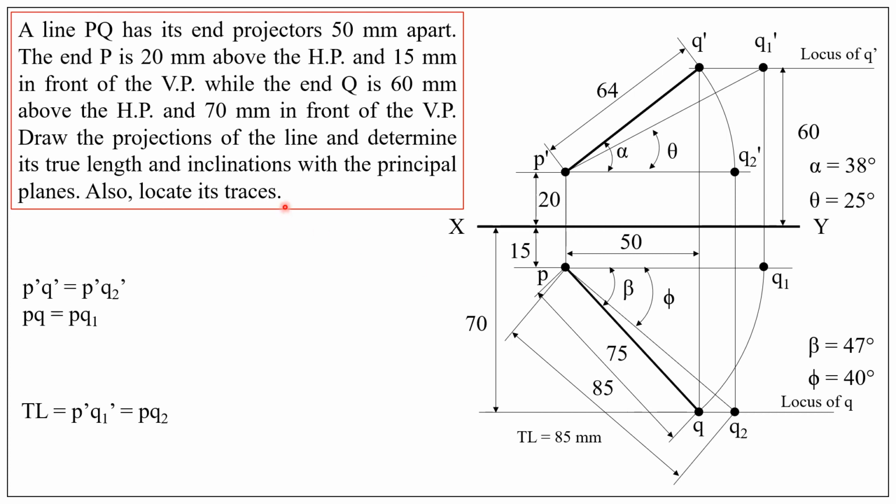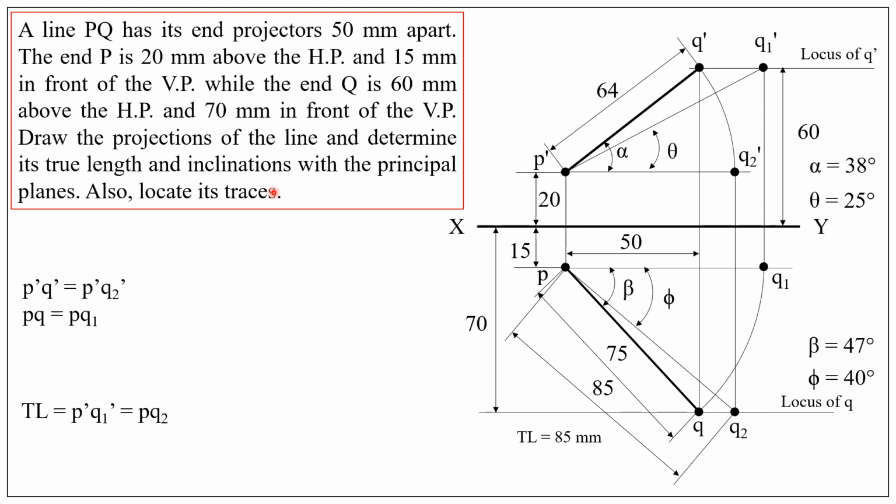The projections are drawn, true length is determined, angles of inclinations are identified. To complete the problem, we need to locate the traces. Since the line is inclined to both the planes of projections, we have both horizontal trace and vertical trace.